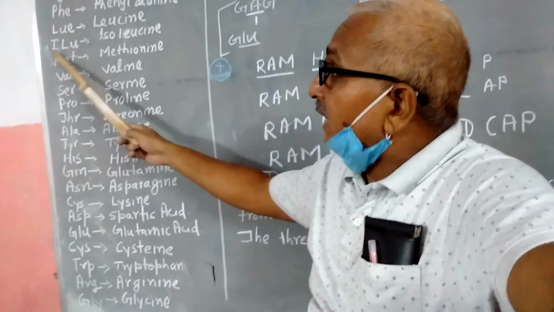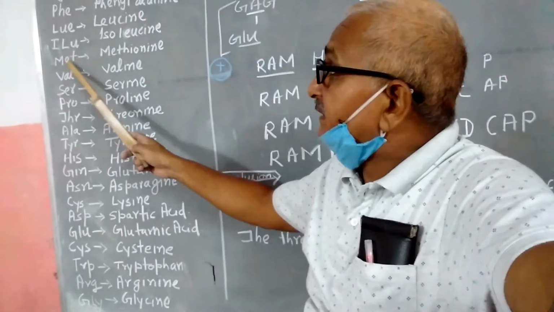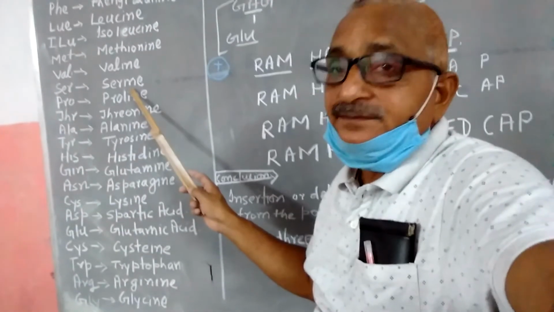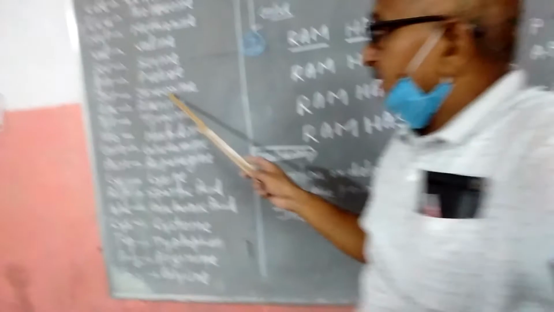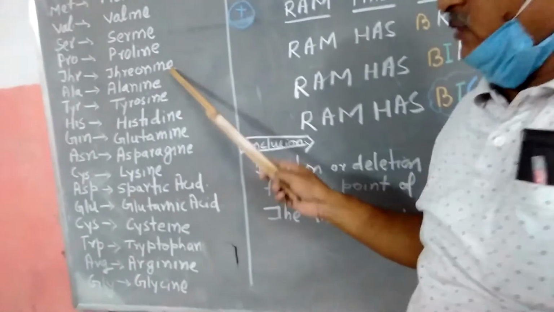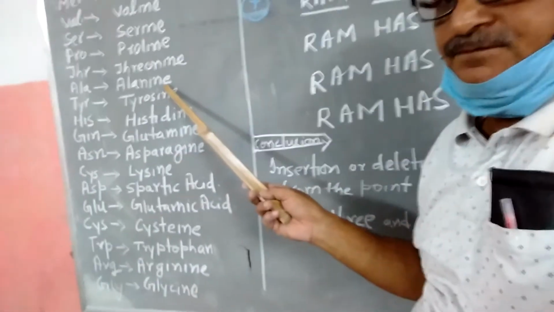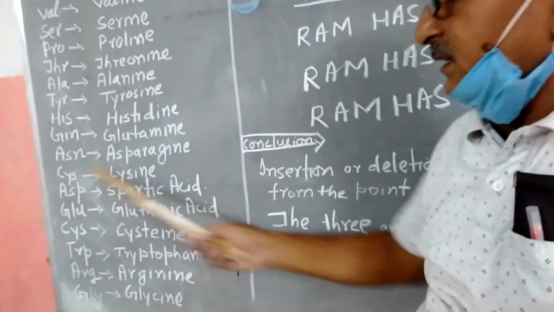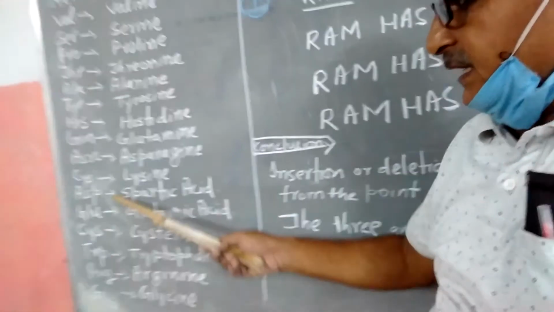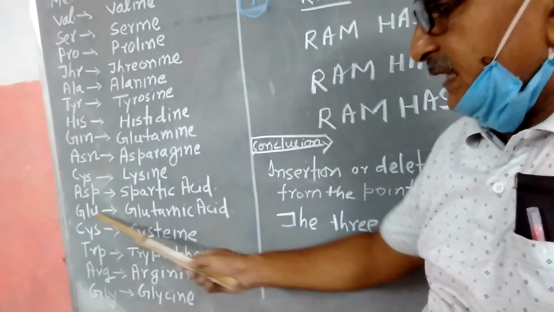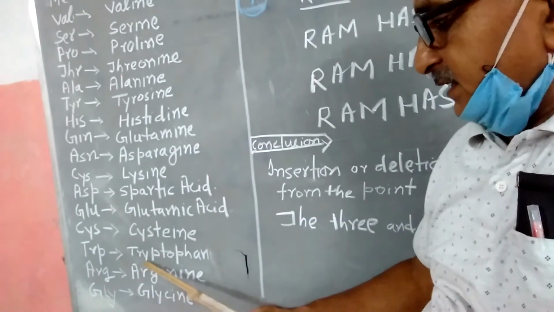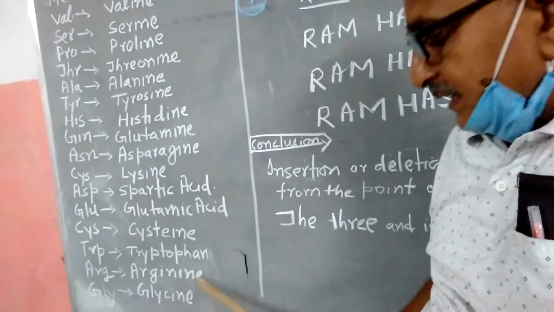LEU, leucine; ILE, isoleucine; MET, methionine; VAL, valine; SER, serine; PRO, proline; THR, threonine; ALA, alanine; HIS, histidine; GLN, glutamine; ASN, asparagine; ASP, aspartic acid; GLU, glutamic acid; CYS, cysteine; TRP, tryptophan; ARG, arginine; and GLY, glycine.